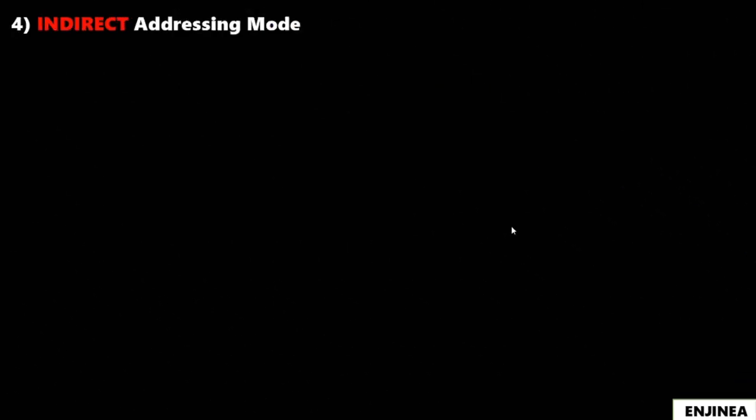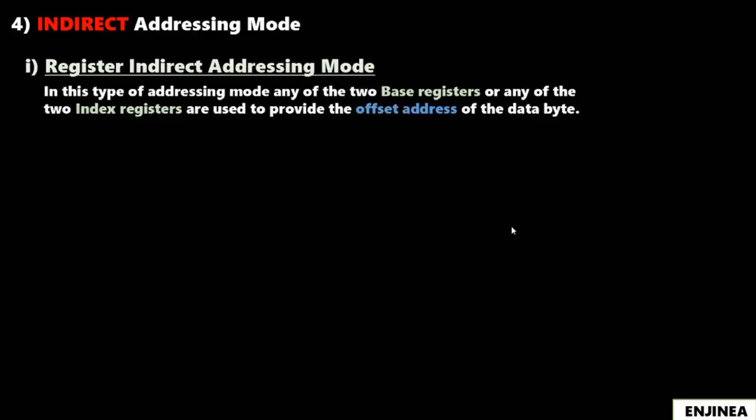The fourth type of addressing mode is our indirect addressing mode. Under the indirect addressing mode we have a few subcategories. The first one is the register indirect addressing mode. In this type of addressing mode, either of the two base registers, which are BX and BP, or either of the two index registers, which are SI or DI, are used to provide the offset address of the data byte.